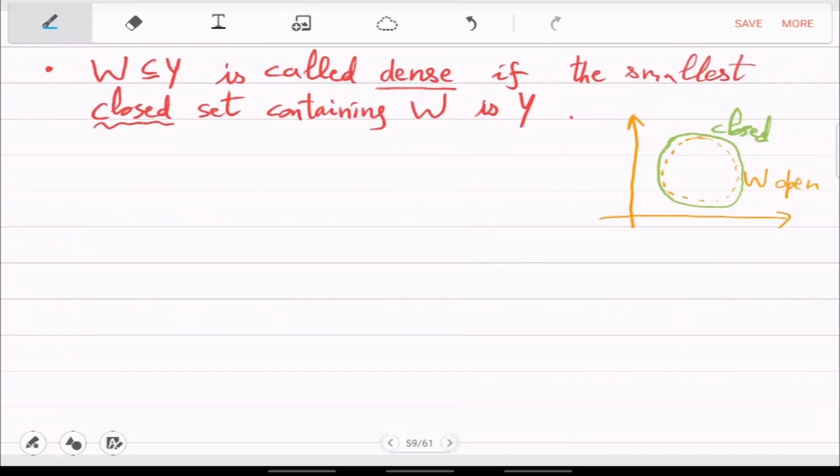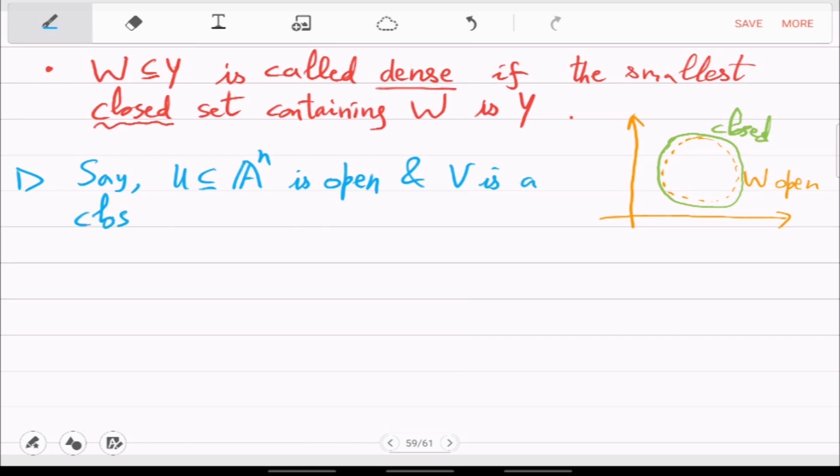Okay, let's prove this property first. Say U is an open set and V is a closed set containing U. Then what we will show is that V is everything.